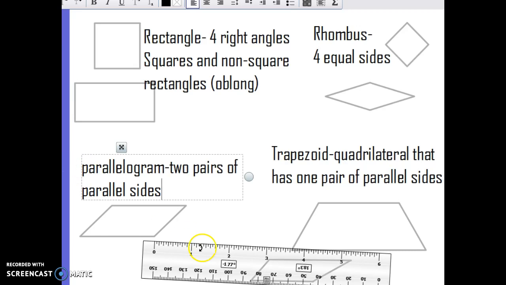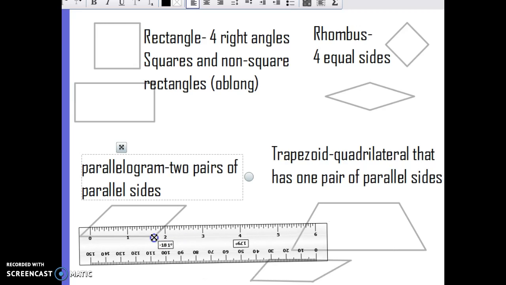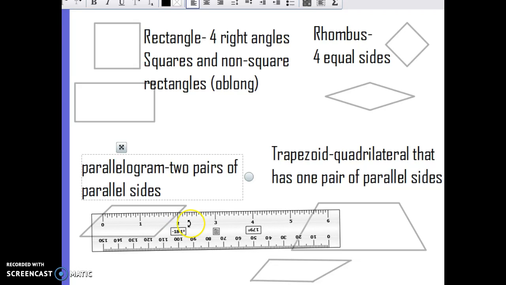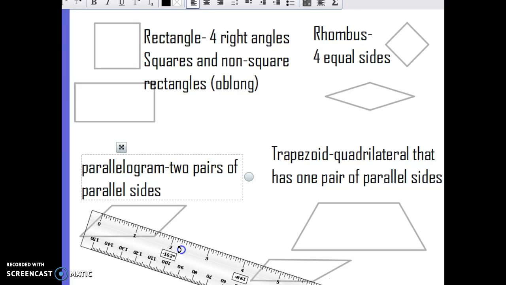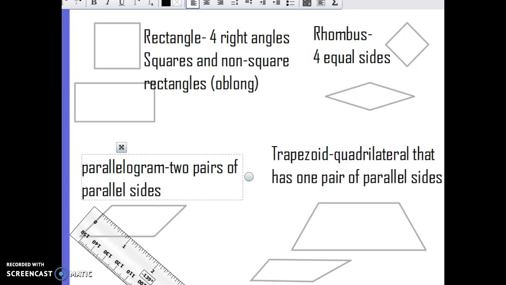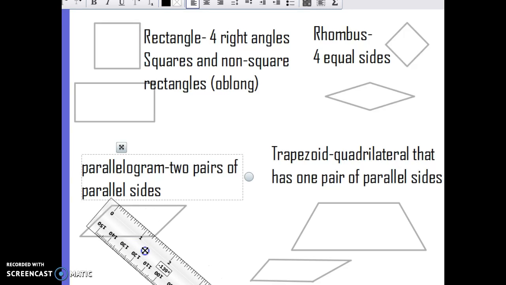Okay, so over here you have these two lines. Let's go this way. These two lines are parallel and are the same distance apart.